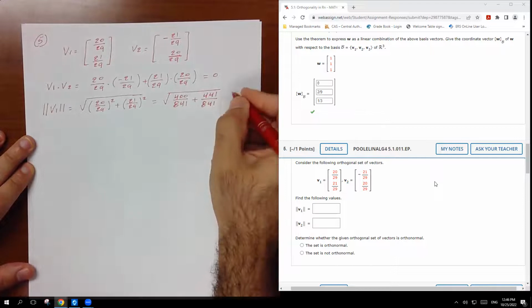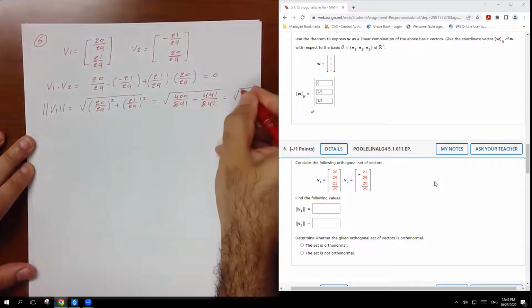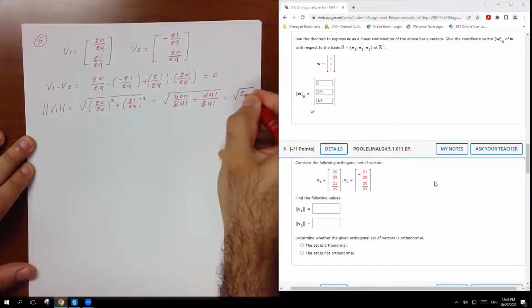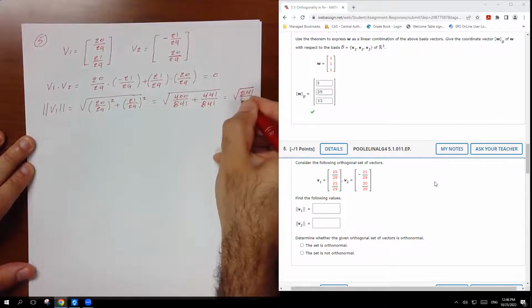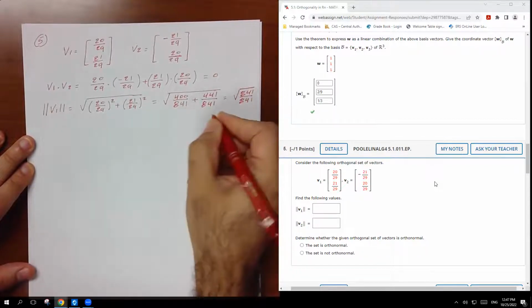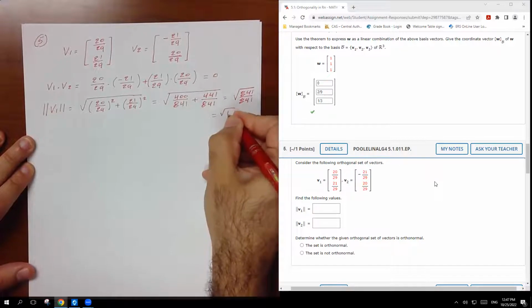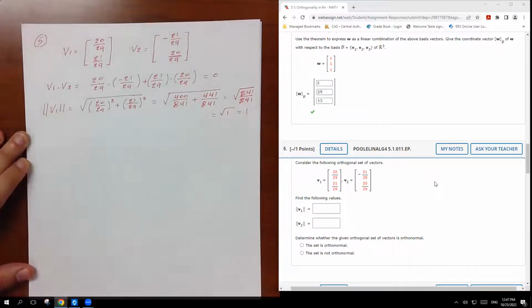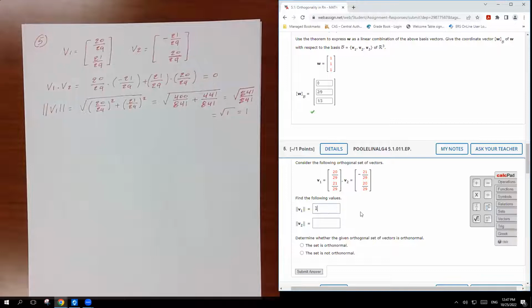Add these together: 841 divided by 841. This is the square root of 1, which is 1. That means the length of V1 is equal to 1.